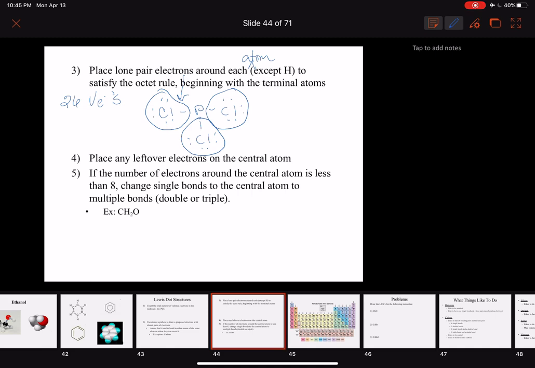Now, luckily, we've only used up 24 of our electrons in the current structure that we have, which leaves 2 extra. And rule number 4 says place any leftover electrons on the central atom. Well, we have 2 leftover ones, so we're going to go ahead and put a lone pair of electrons on phosphorus right there.